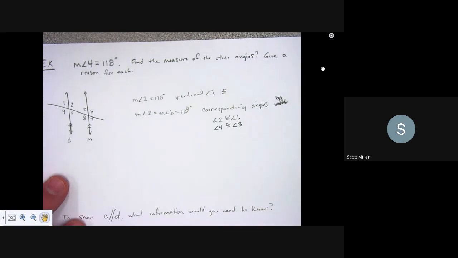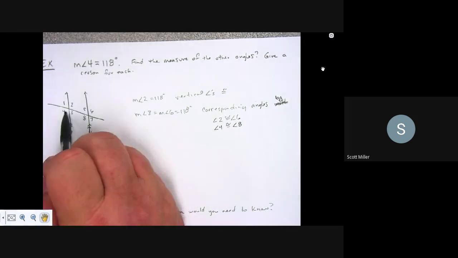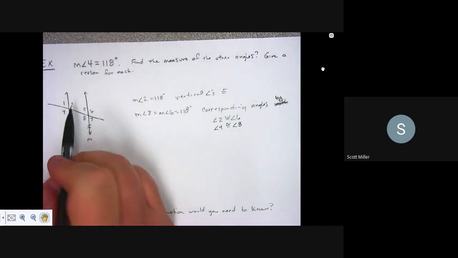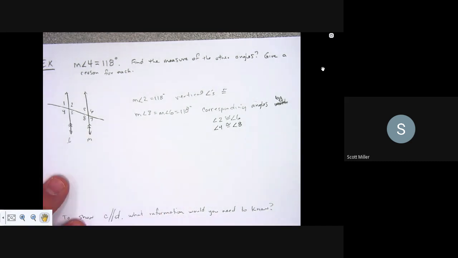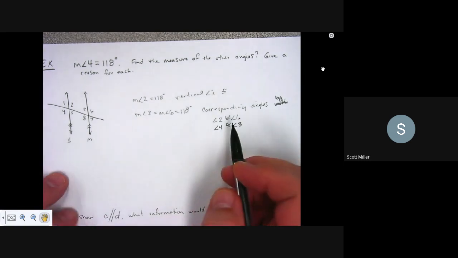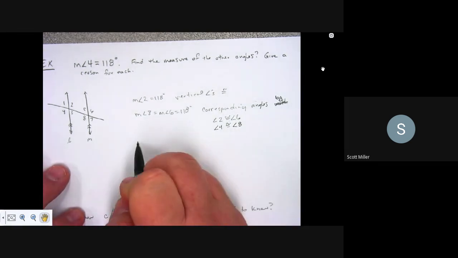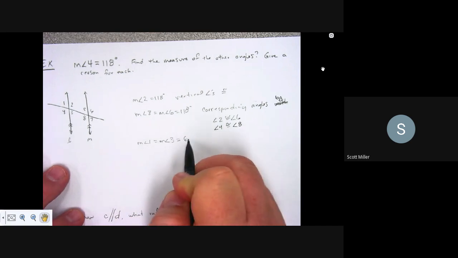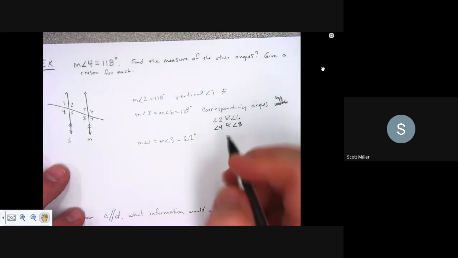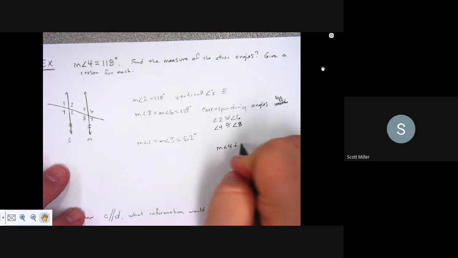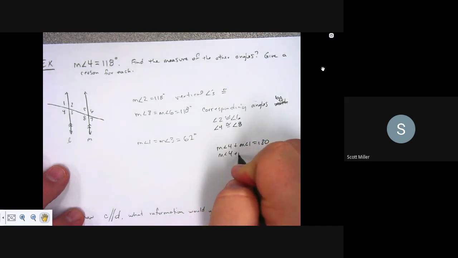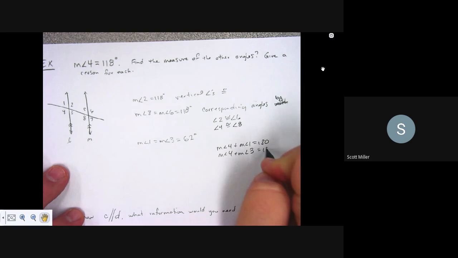What else do I know? These are a linear pair, so I know they're supplementary. These are a linear pair, so I know they're supplementary. So I know that the measure of angle 1 and the measure of angle 3 are 62 degrees, because the measure of angle 4 plus the measure of angle 1 is 180, and the measure of angle 4 plus the measure of angle 3 is 180.